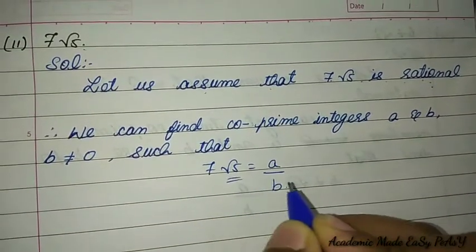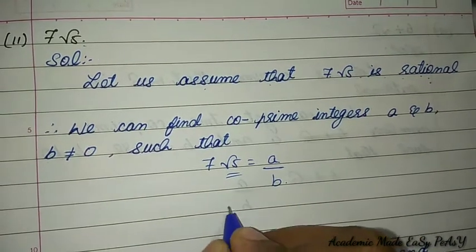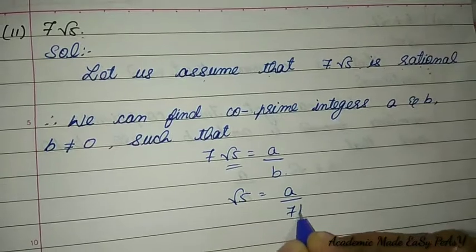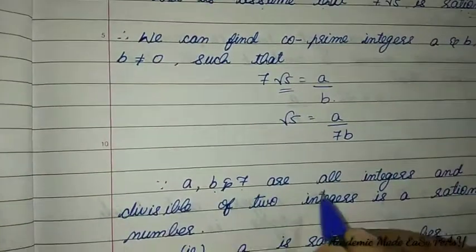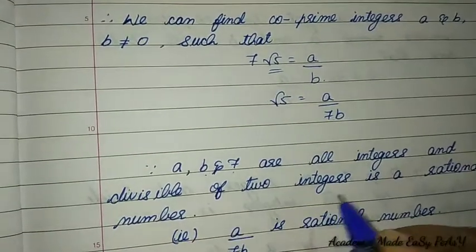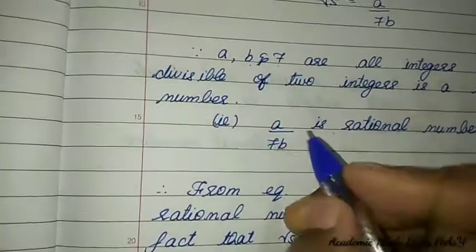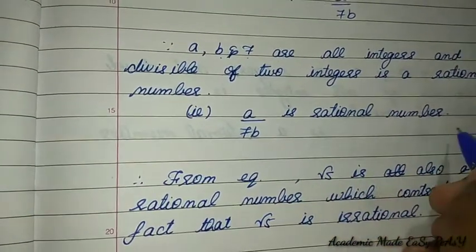So we want only irrational numbers on the LHS. So I will have root 5 is equal to a by 7b. We also know that a, b and 7 are integers, and if we divide those integers we will get a rational number only. That is, a by 7b is a rational number.